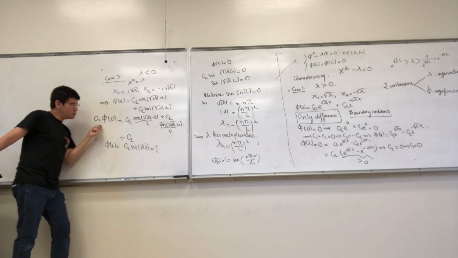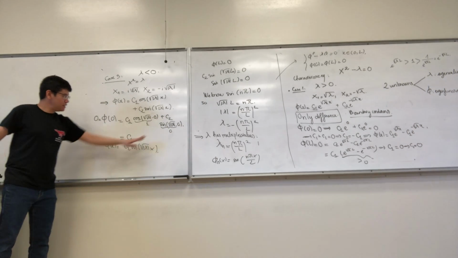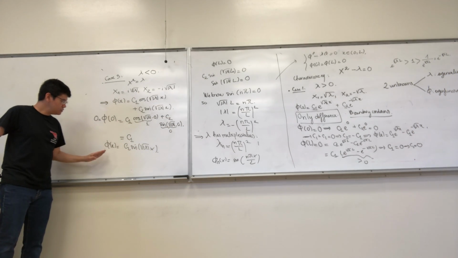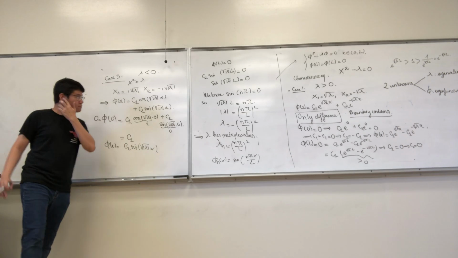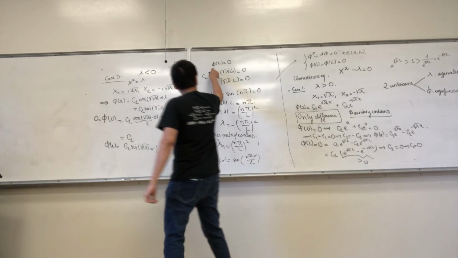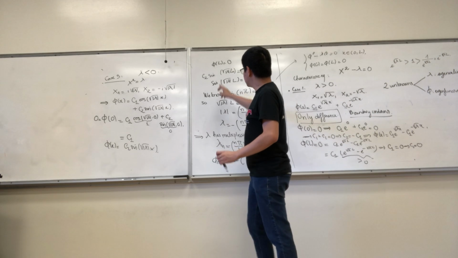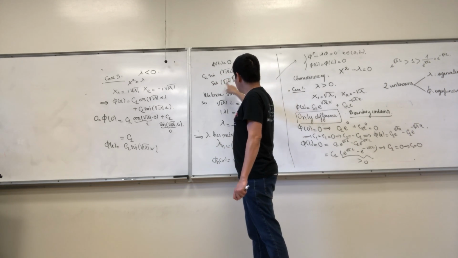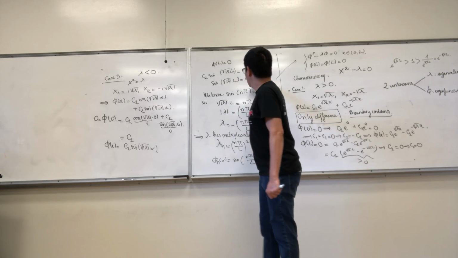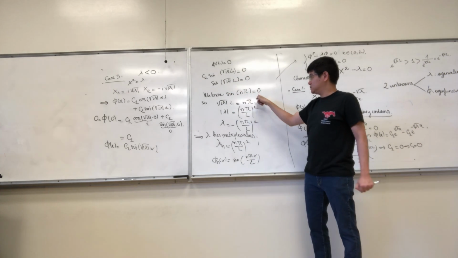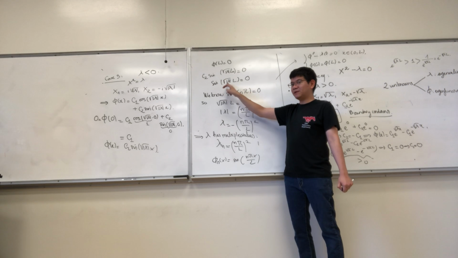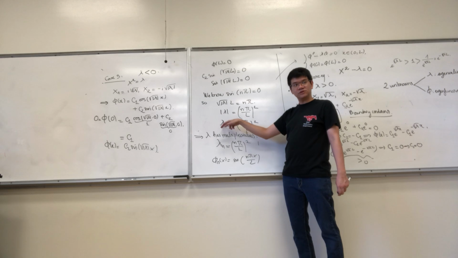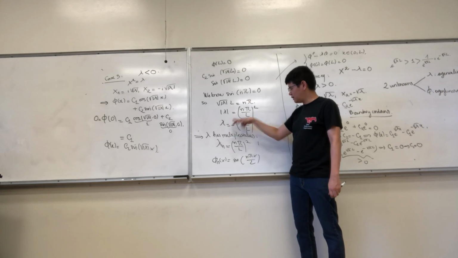Phi(0) is 0, and replacing 0 here, this is 0, this is 1, so I have c1 is 0. Now phi(x) will be c2 sine square root of lambda x. Now I want phi(L) to be 0. When I plug L there, I have sine of square root of lambda L is 0, but we know that sine of n pi is 0, which means that square root of lambda L is n pi. So lambda is negative, so you have this.